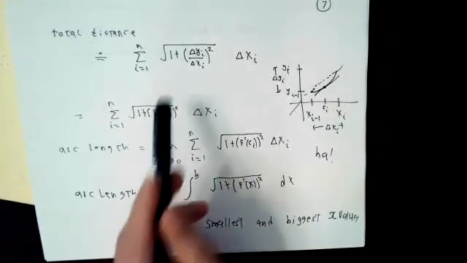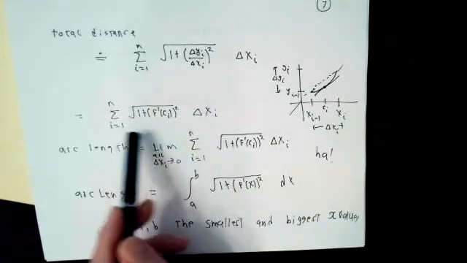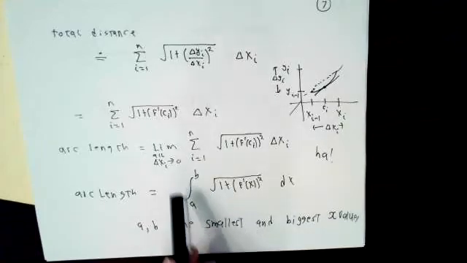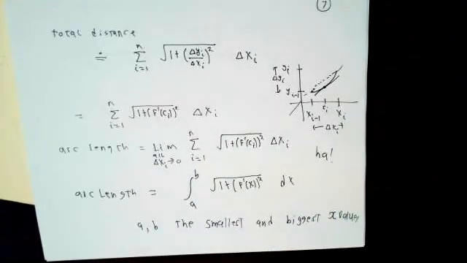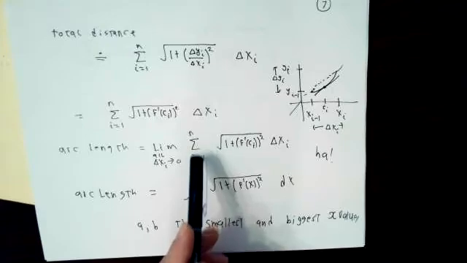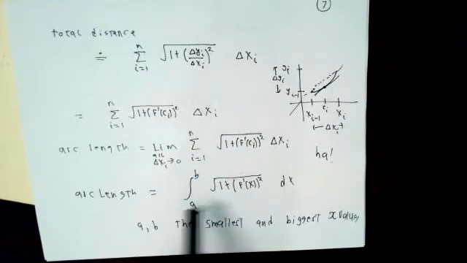So instead of writing this, I'm going to write this, and now see, when I take the limit, this looks exactly like the setup that we've had before. To transition from the finite sums to the integrals, the limit of sum symbol turns into an integral sign.